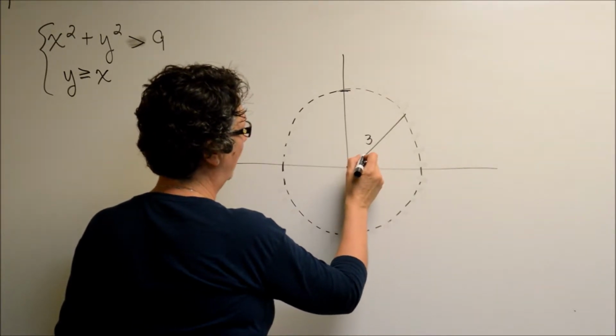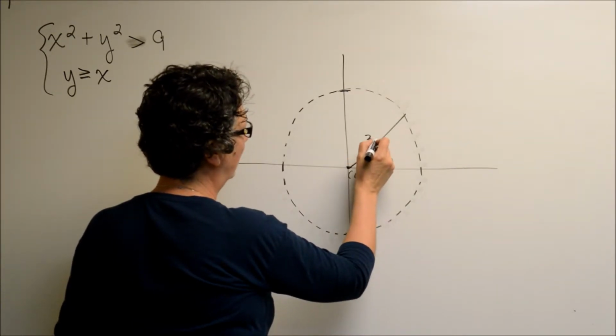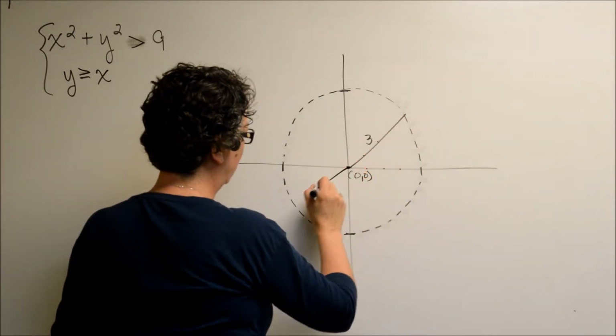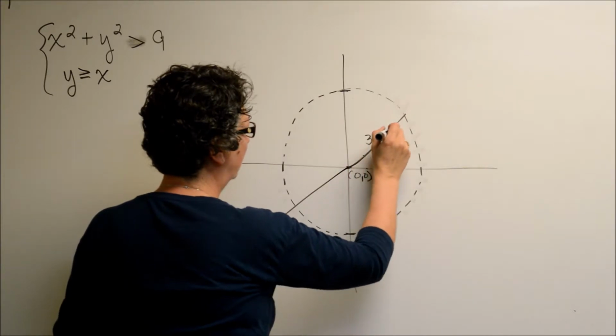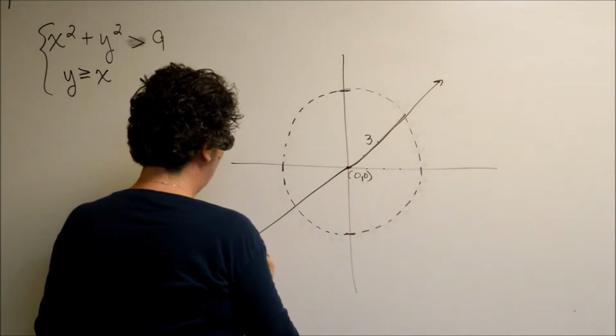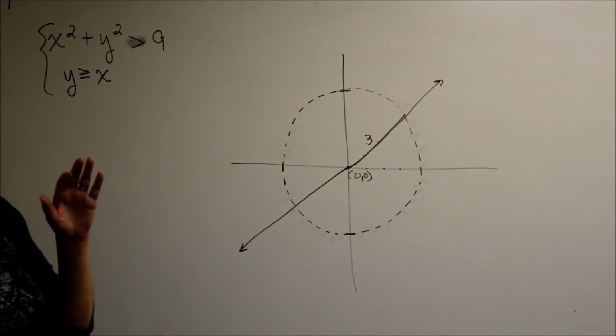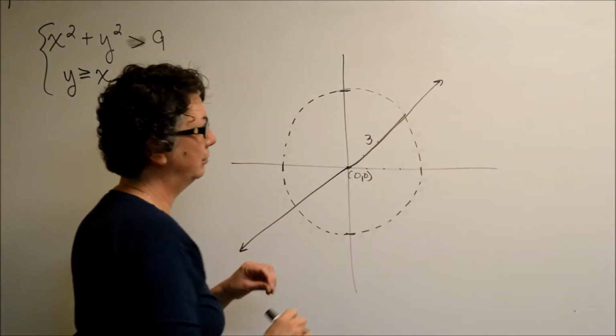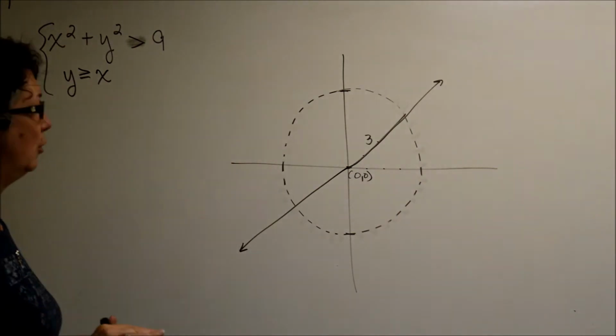X is 1, so y is 1. X is 2, so y is 2. X is 3, so y is 3. And so on. So it's going to look something like this line right here that I've drawn. Now if we were doing a system of equations, it would be this point and this point that we're looking for. But we are not. We're doing a system of inequalities.